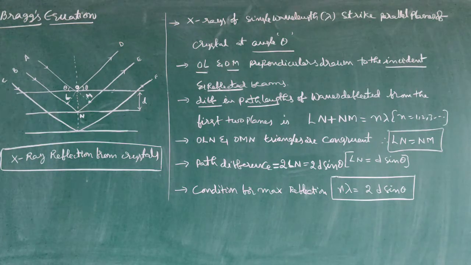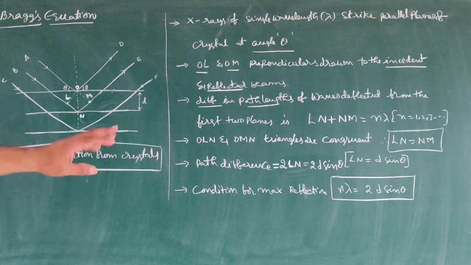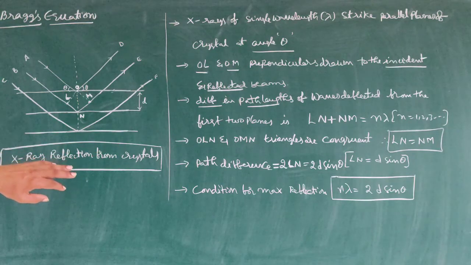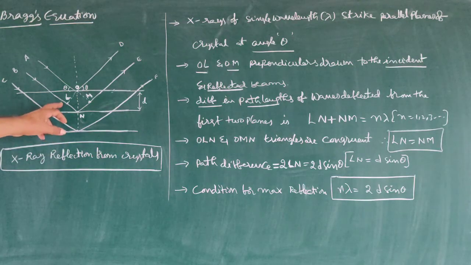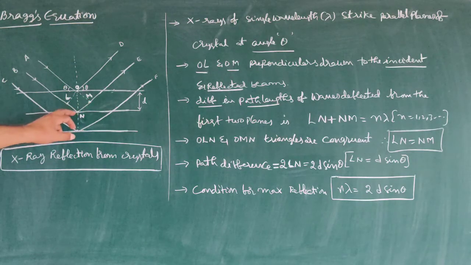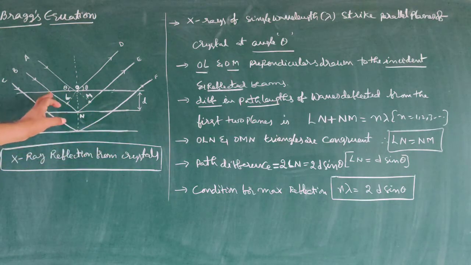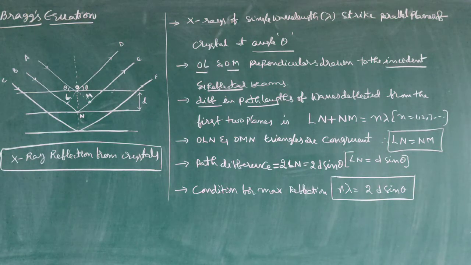Why? Because d sin theta is equal to LN, and both LN and NM are the same. So 2LN is equal to 2d sin theta, because LN is equal to d sin theta. Here d represents the distance between the two successive planes. So the condition for maximum reflection is n lambda equal to 2d sin theta.